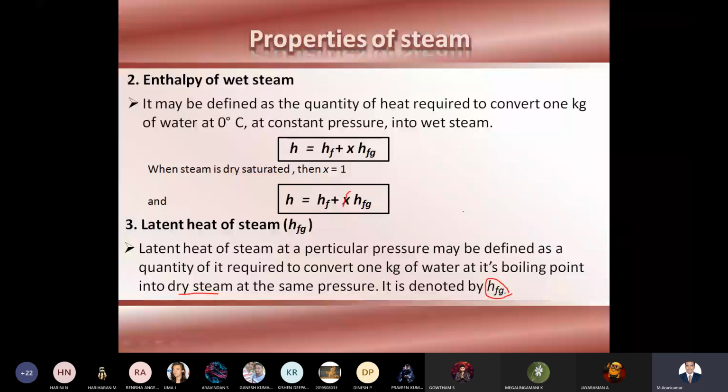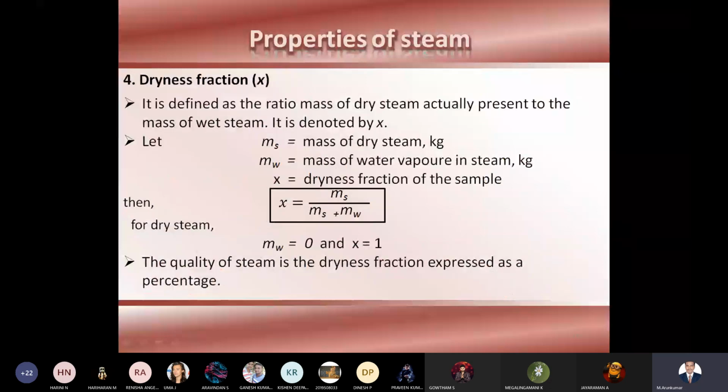Then you know what is x: quantity for pure substance, but fraction for steams. So x can be called the dryness fraction for steams, right? This dryness fraction is defined as the ratio of the mass of dry steam actually present to the mass of wet steam, and this is denoted by x.